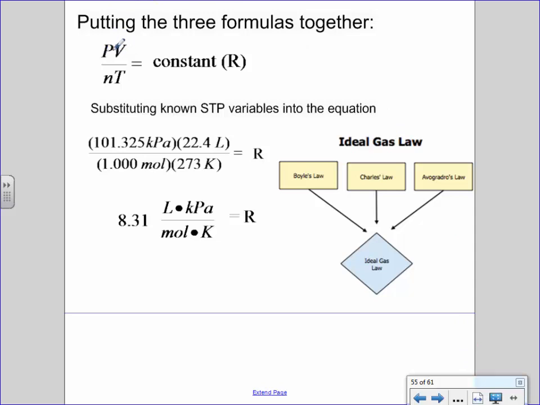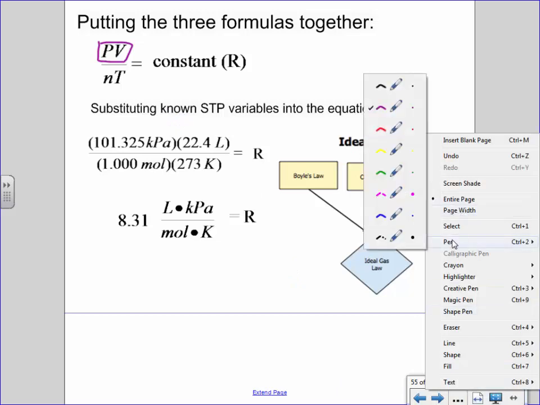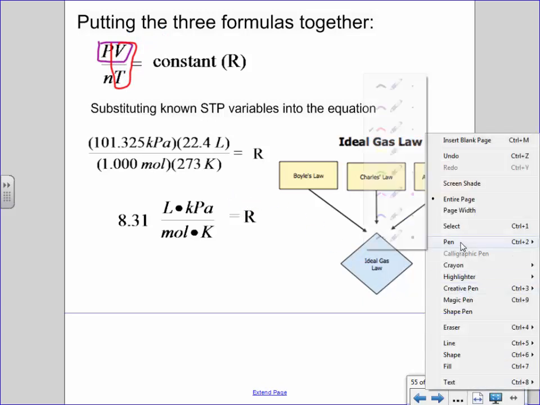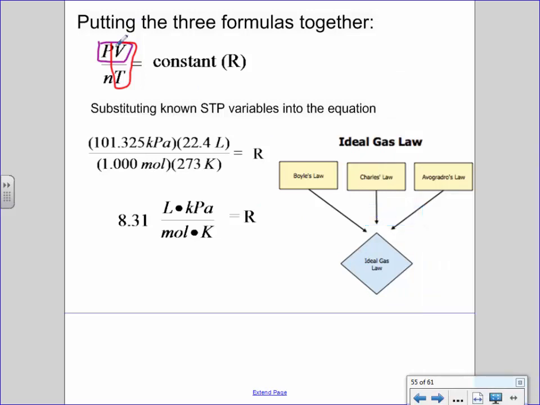Pressure times volume was a constant. So that's still together. I'm going to highlight these. You see how pressure and volume are still together? But another law was that volume over temperature was a constant. And a third realization is that volume over moles was a constant. So they started putting these things together.